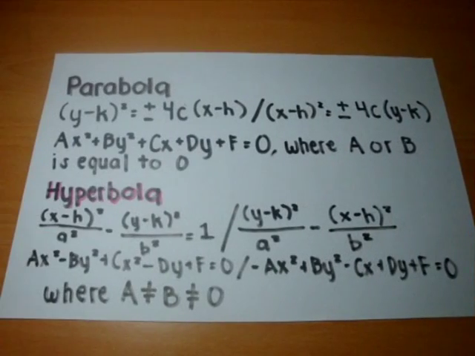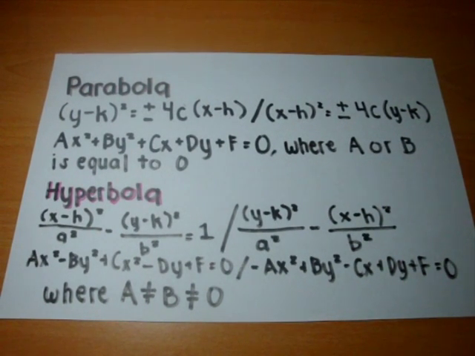The parabola has a standard equation of (y - k)² = ±4c(x - h), or (x - h)² = ±4c(y - k). The general form of a parabola is ax² + by² + cx + dy + f = 0, where a or b is equal to 0. And lastly, the hyperbola.